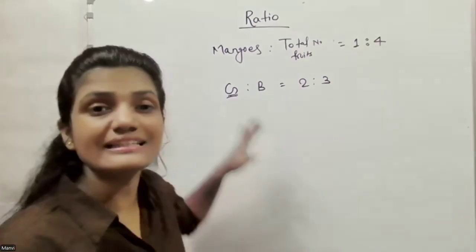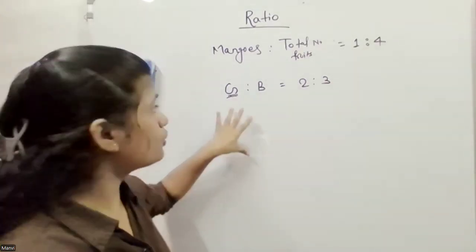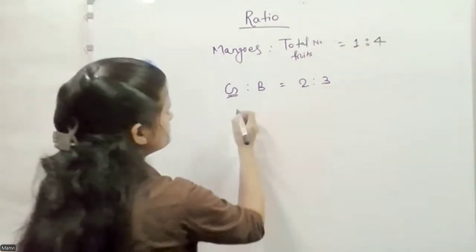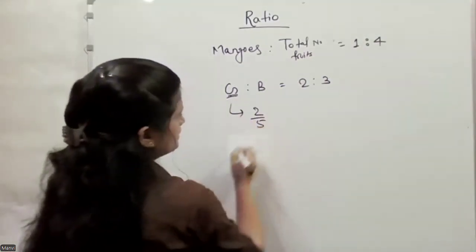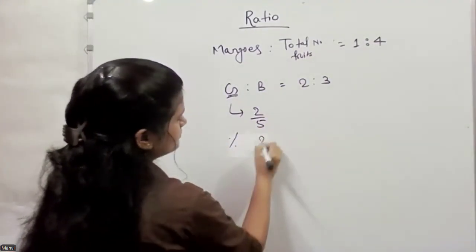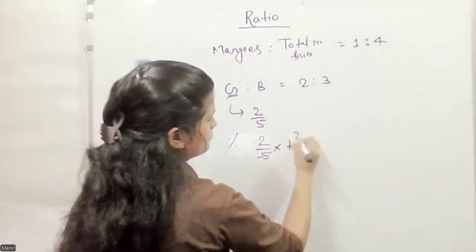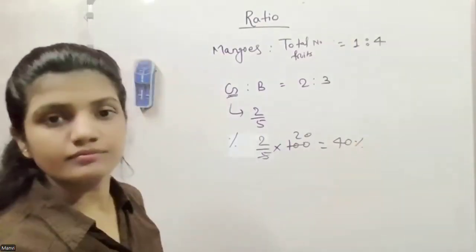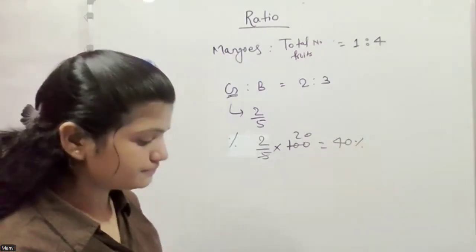First, we need to write this as a fraction, which will be 2 by 5. So total part will be 5. So fraction of green will be 2 by 5. And times 100 will give us 40%. Yeah, and for the blue, it'll be 60%. Yes, very good.